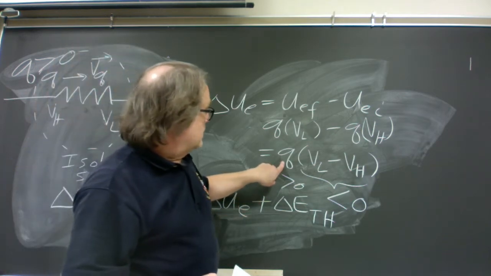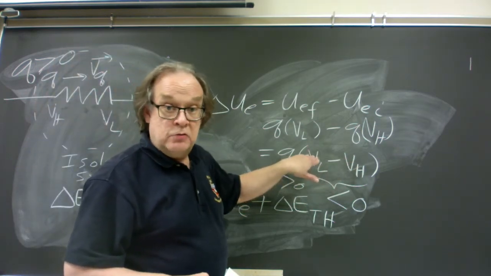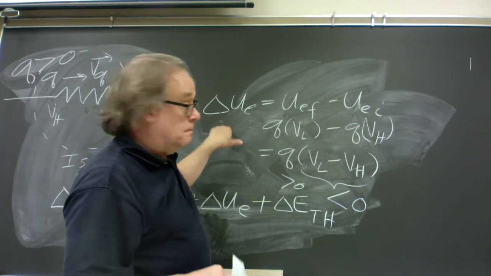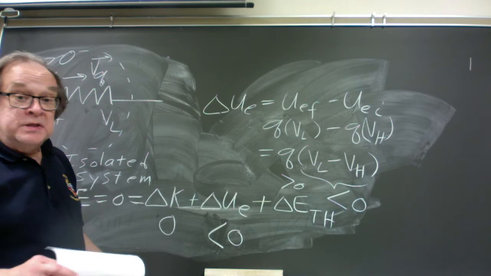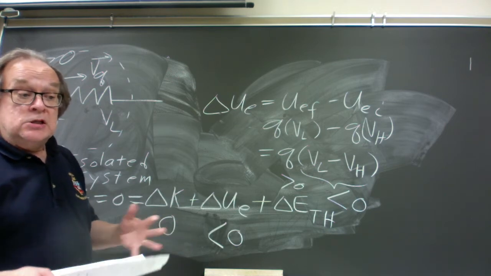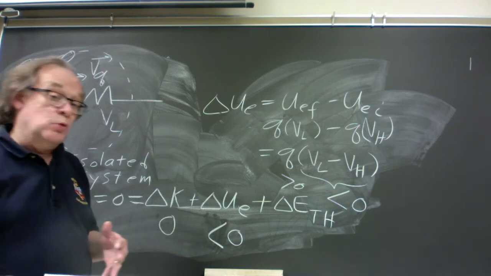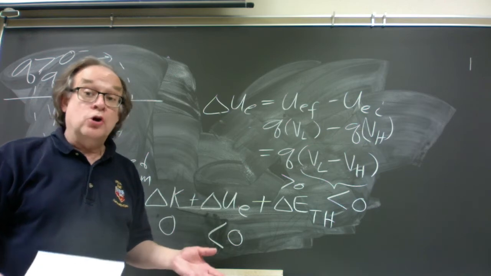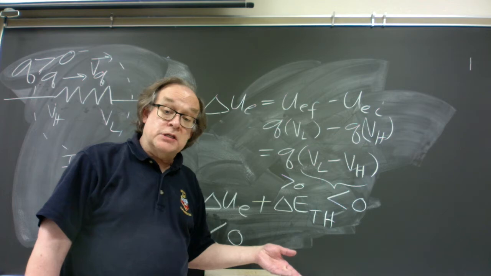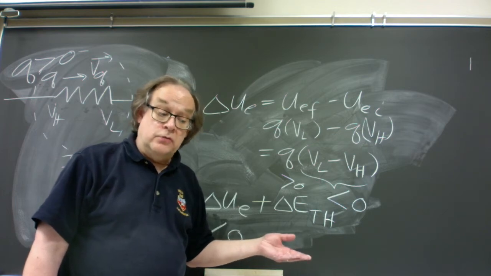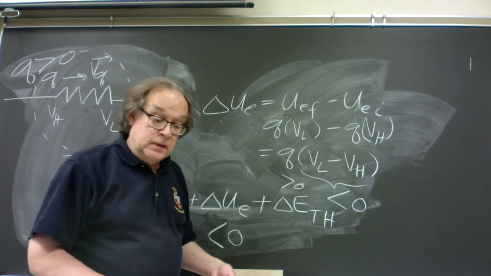So that's a positive term times a negative factor. That means this thing is negative. Potential energy is lost from this system, but where does that potential energy go? Well, it must go into an increase in the thermal energy of the system.